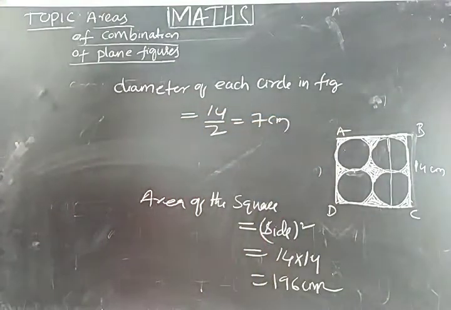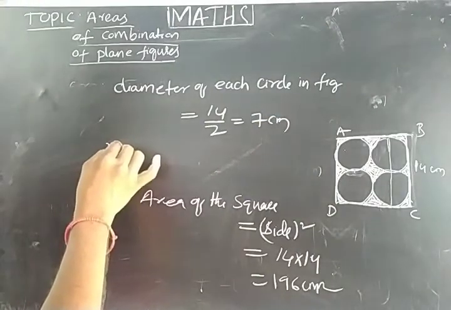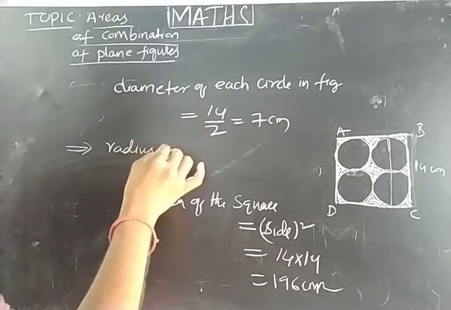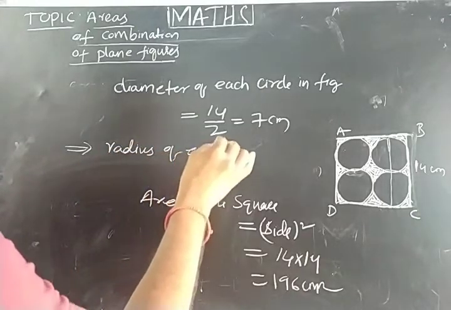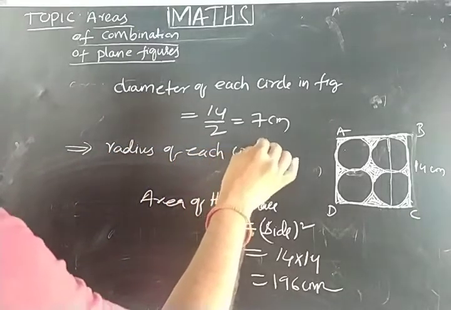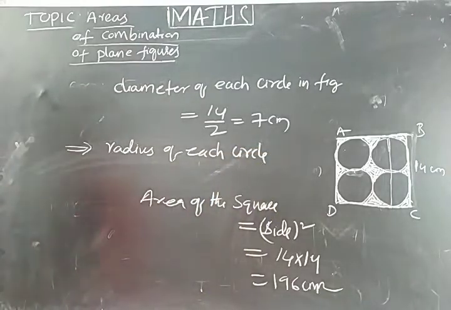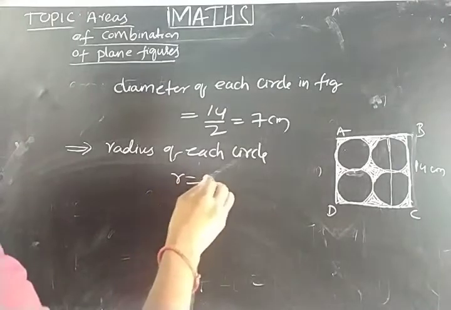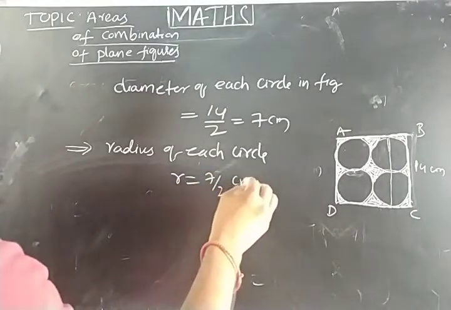This is the diameter. That implies the radius of each circle is r equal to 7 by 2 centimeters.